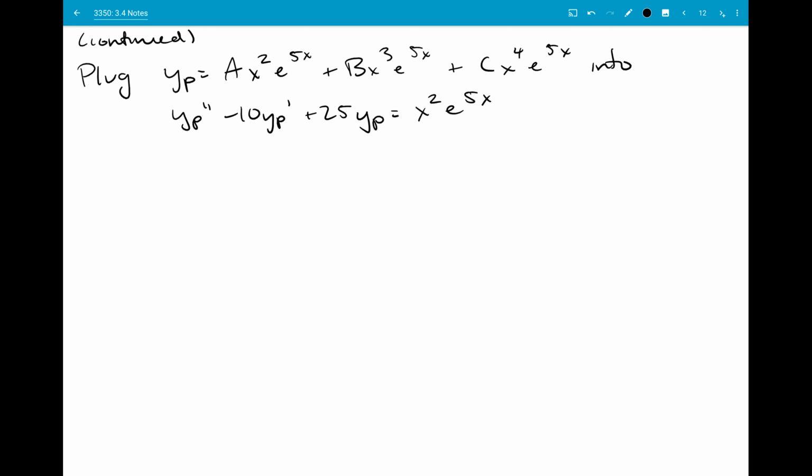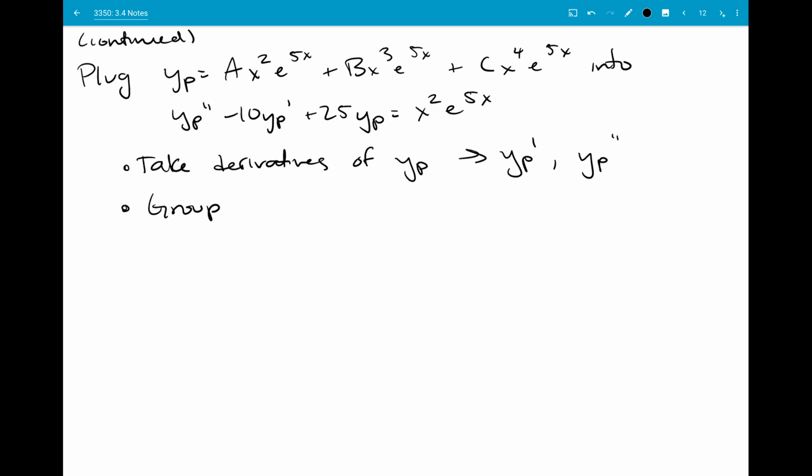And all of the derivatives here are going to be really messy, so I'm not going to work through this problem start to finish, like showing you all the algebra in the other ones. Instead, what I'm going to tell you is that this would involve taking derivatives to get y sub p prime, y sub p double prime.